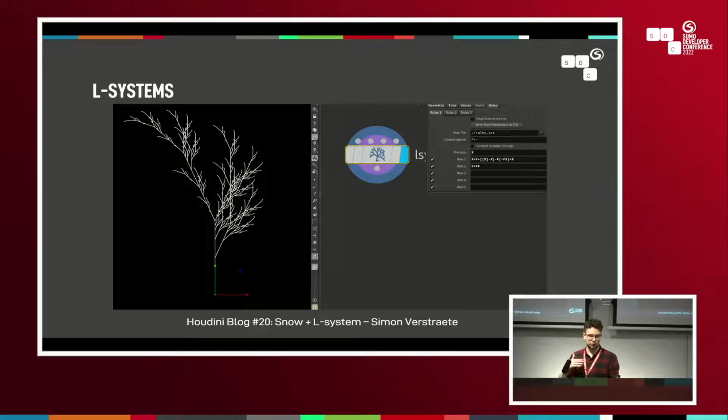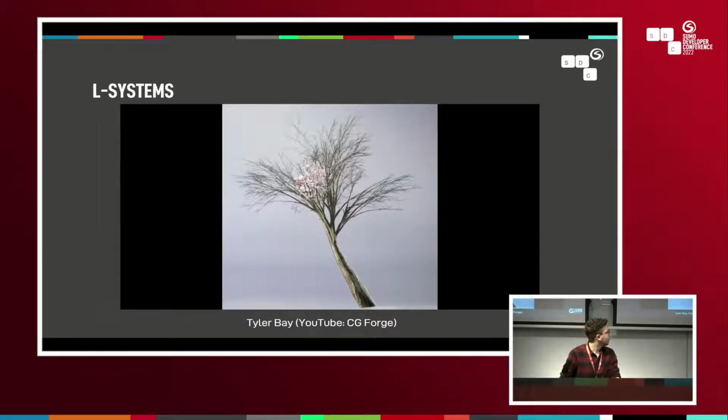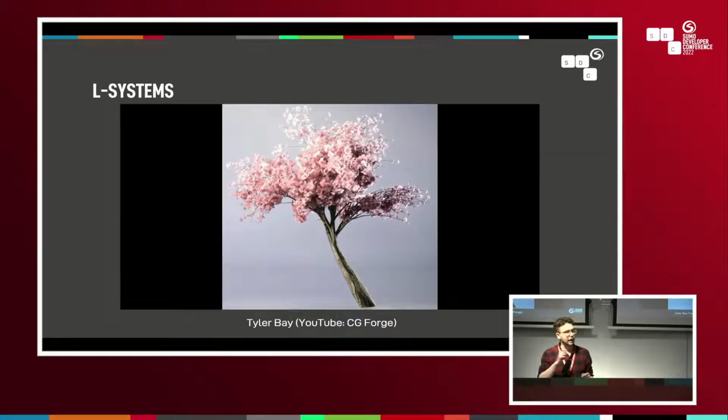L-systems work by iterating over those rules over and over again. This math algorithm was designed to represent how plants grow in nature by using math. So by using it here with some quick rules, you can create any kind of natural growing simulation without just scaling it up. It's actually iterating over the rules and growing.